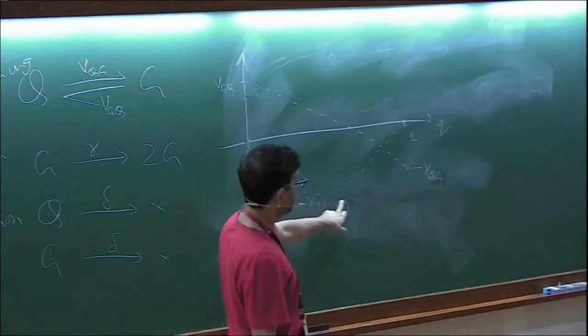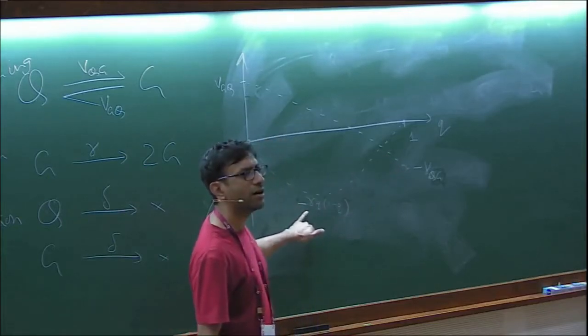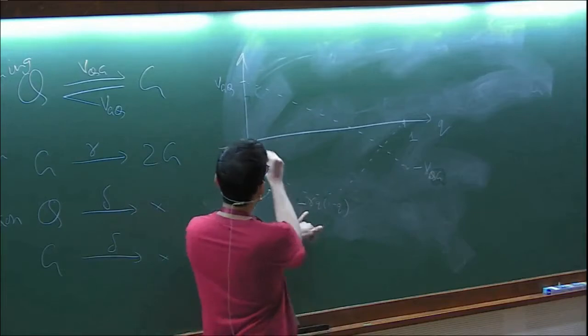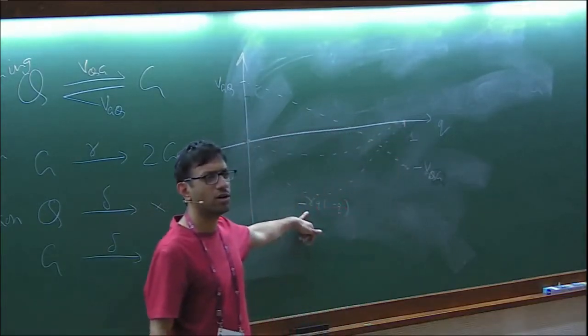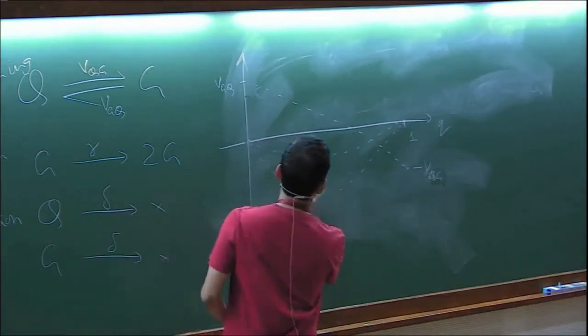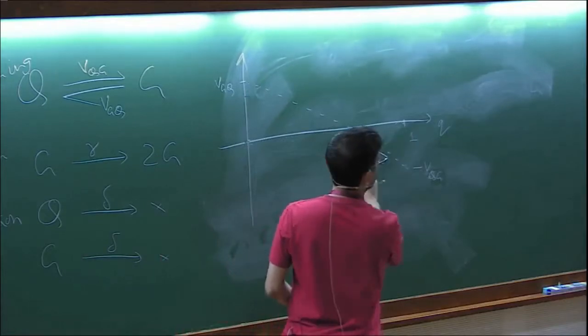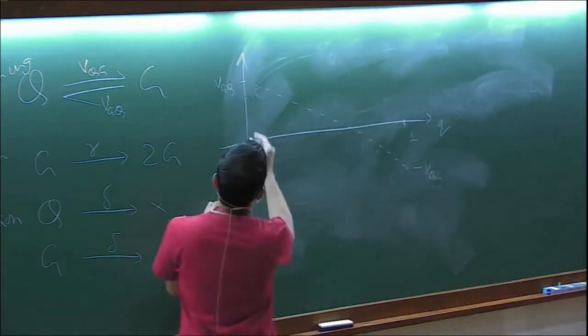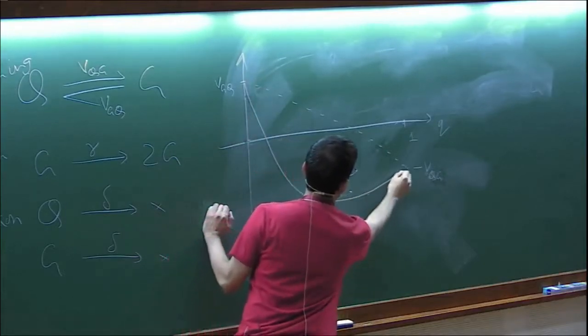Okay, right? How deep does this go? That depends on gamma. If gamma was very small, then it would be just a curve like that, right? Not very deep. So if I add all this up, what's going to happen? So now I'm adding it up and I'm drawing all of that. Essentially, if gamma is very large, you might get something like this.